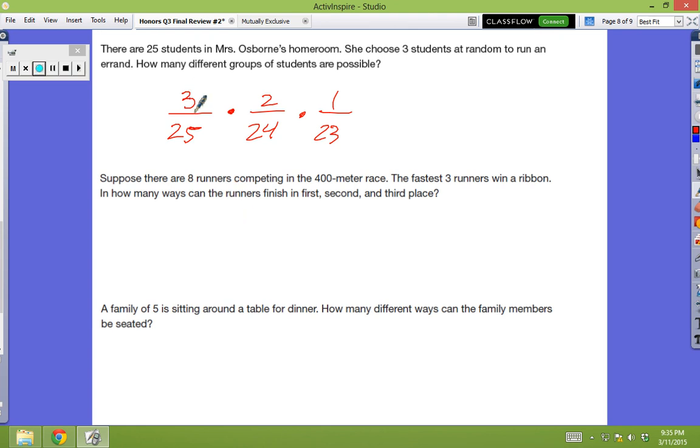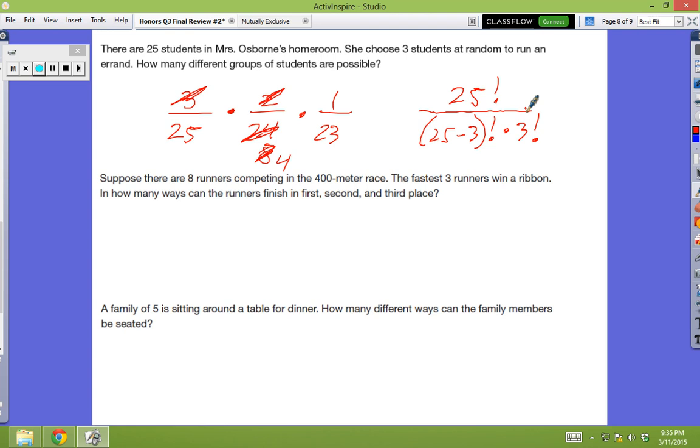And that is kind of the same thing as using your combination formula, which is 25 factorial divided by 25 minus 3 factorial times 3 factorial. So if I cross cancel this way, that's going to turn that into an 8, and then that's going to turn that into a 4. So 25 times 4 is 100.